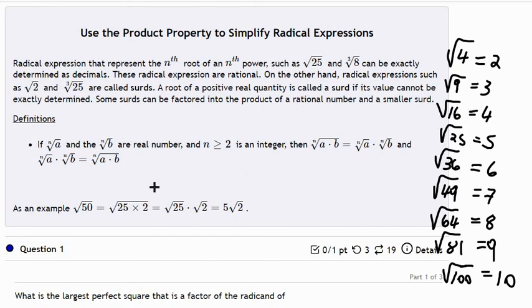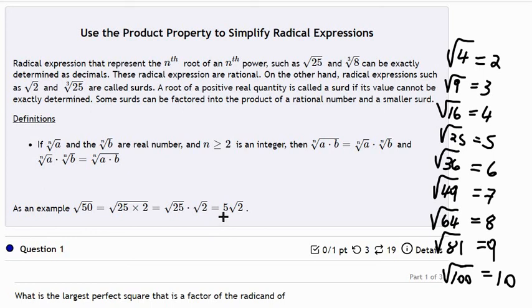So when I'm looking here at the square root of 50, the one that I'm looking for is the factor that goes in on the left hand side here, and the only one I see that goes in is 25. 25 goes into 50 2 times. So we break down 50 into the square root of 25 multiplied by 2. And then because of the product rule, I can split that up into the square root of 25 times the square root of 2.